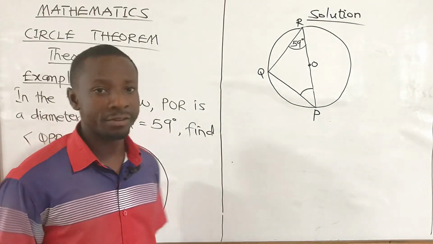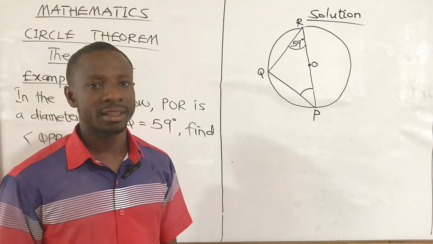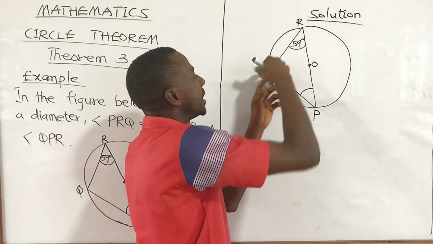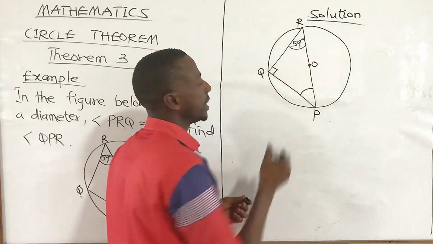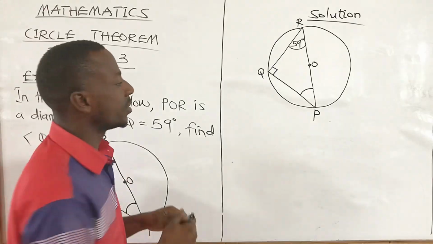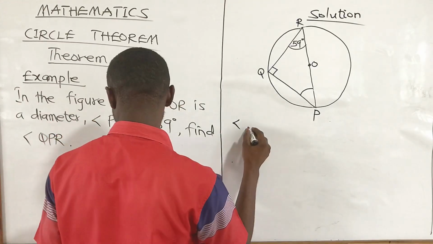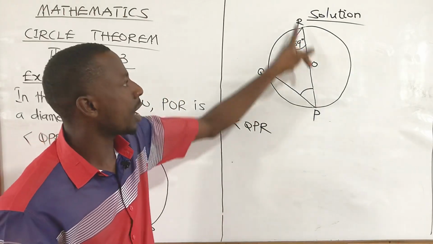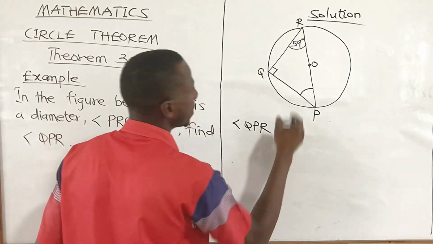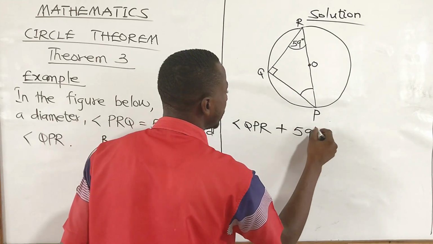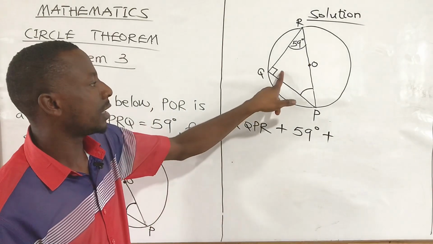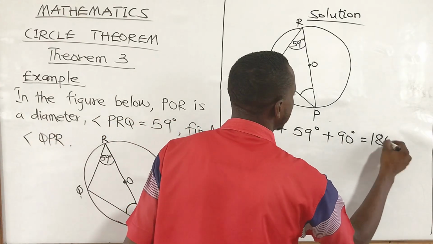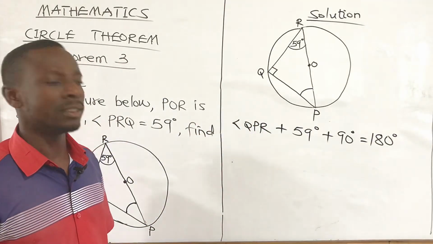And from our previous explanation, we said that anytime we have a diameter, the angle this diameter will subtend is 90 degrees. So if I want to get this angle, then I have angle QPR, which is this angle, plus the angle we have here, 59 degrees, plus the angle we have here, 90 degrees, and it is equal to 180 degrees.